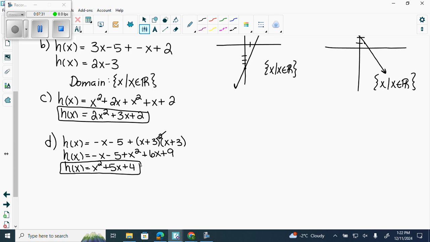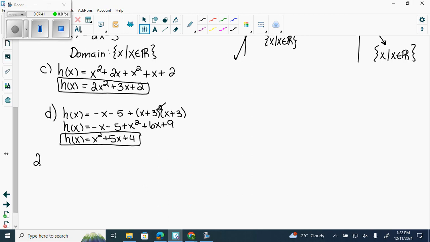Okay, what's the difference in number 2? There's a minus sign. So we have to remember to minus all of g of x. So let's go to 2a. 2a is h of x equals f of x minus g of x.